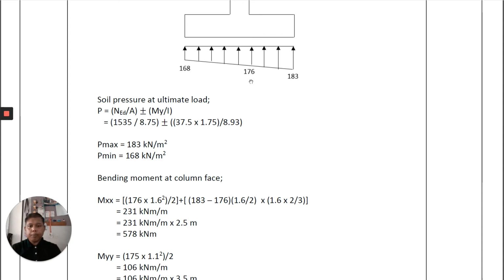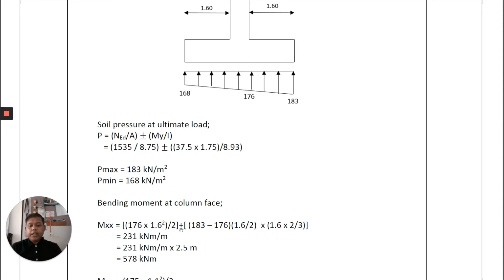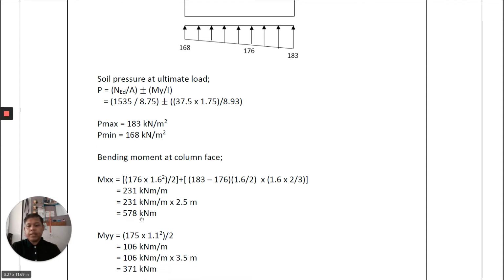By doing an interpolation at distance 1.9 meter from this, you will get 176 kilonewton per meter squared of the soil pressure at this column face, and then divided by 2 plus 183 minus 176, times 1.6 over 2 times 1.6 over 2 third, because this is a trapezoidal, then you get the answer. Mx is equal to 578.8231 kilonewton meter per meter.